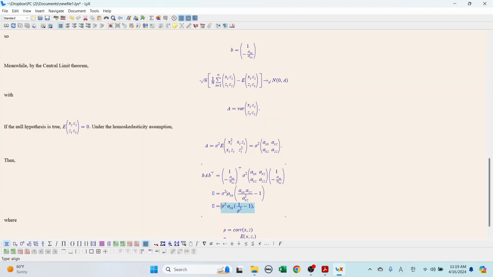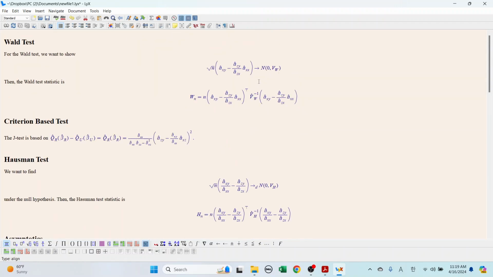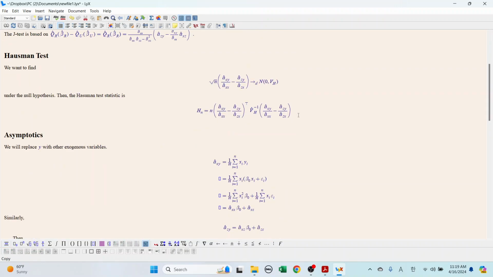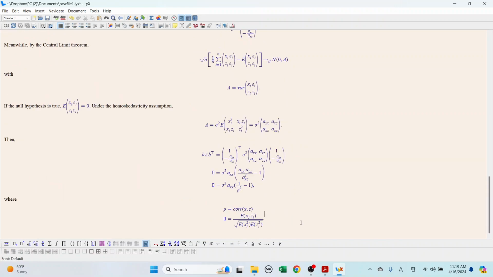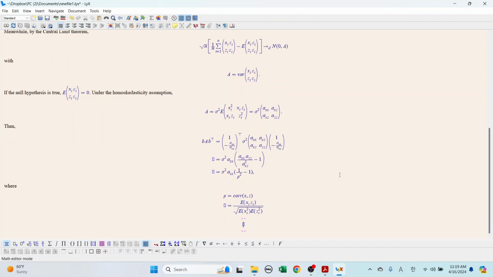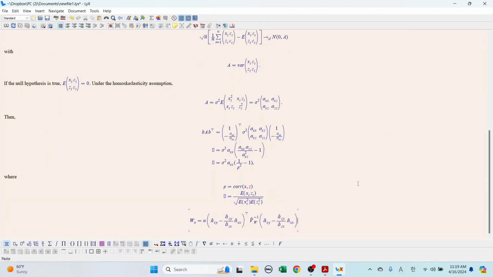So going back to the general formula, we are going to apply all these things back here. Okay, so we have this, and V was calculated like this. So you have to invert.